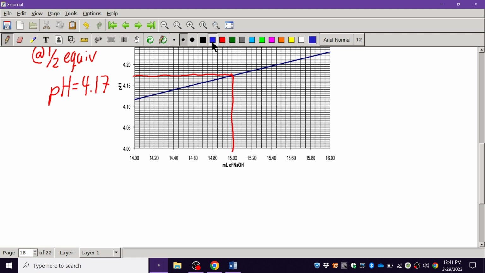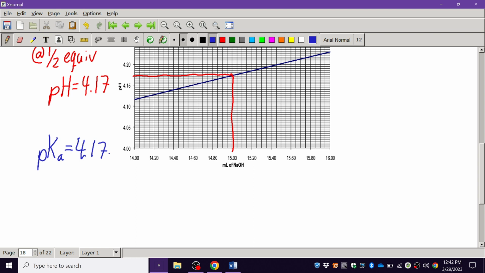If this is true, what's pKa equal to? Okay, but let's do this one step at a time. What's the pKa equal to? Then we'll get the Ka. So according to this, the pKa is the pH at this volume of added base.